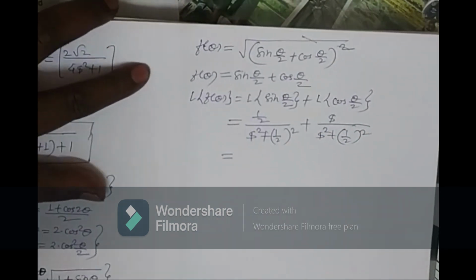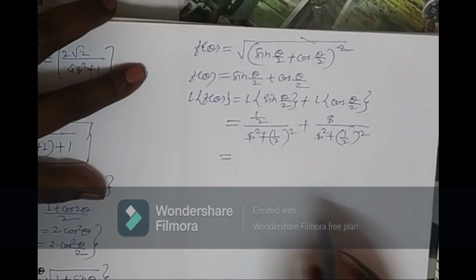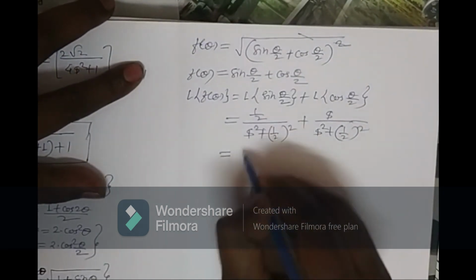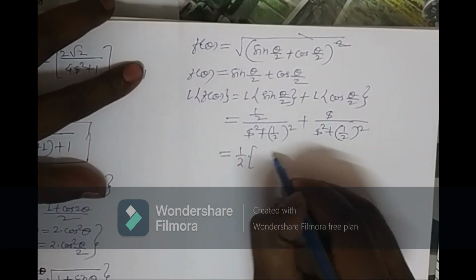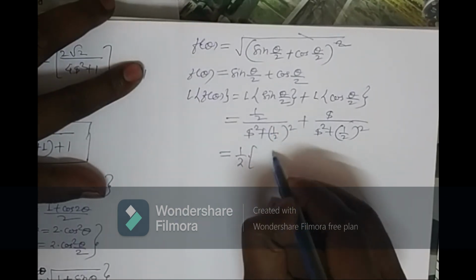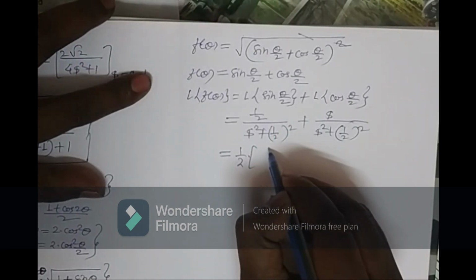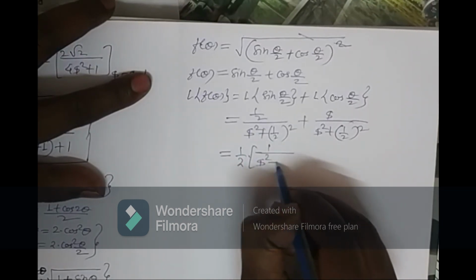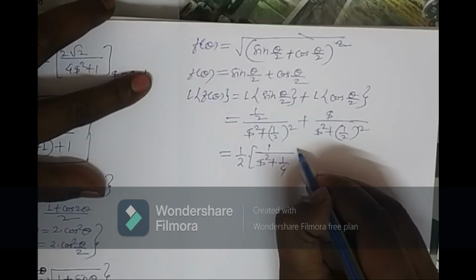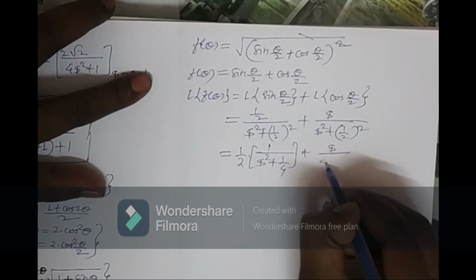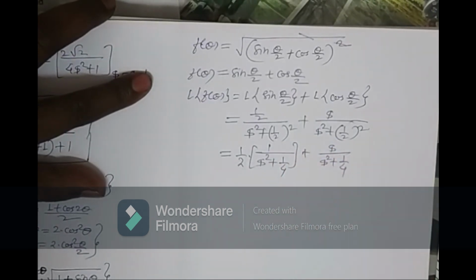If you simplify this further, then this 1 by 2 will be in brackets. What we can write here is 1 upon s square plus 1 upon 4, plus s upon s square plus 1 by 4.